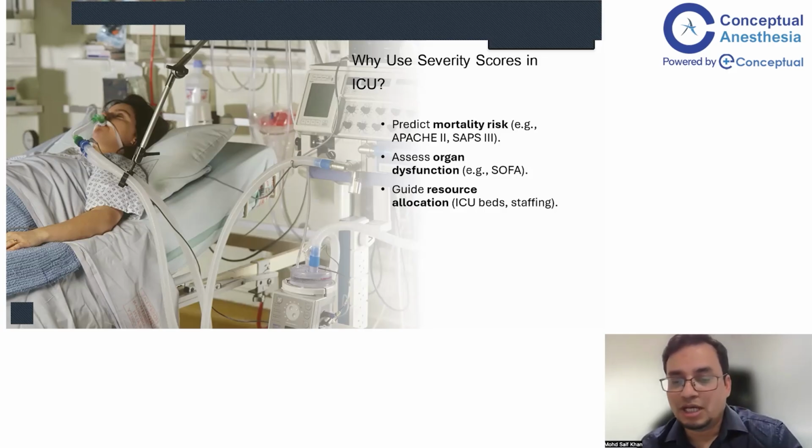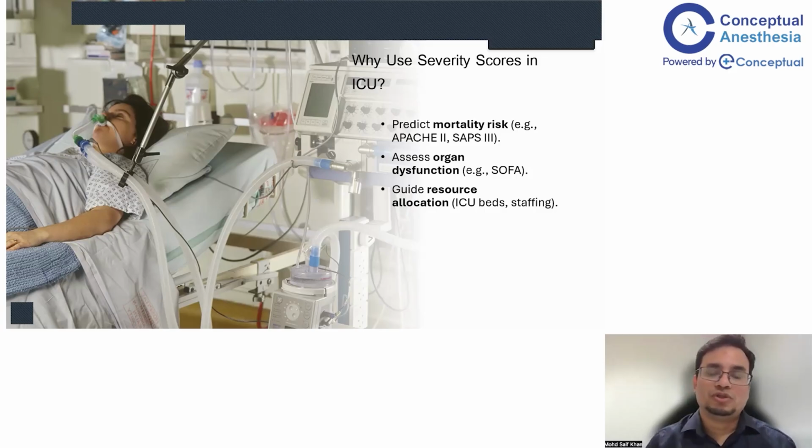So then you can allocate more resources, more 1:1 nursing, and you can plan aggressive therapeutic interventions. For example, you can put a central line instead of an external jugular vein for the vasopressors. And then you can even go ahead with a more aggressive option like ECMO or extracorporeal life support, and also CRRT.